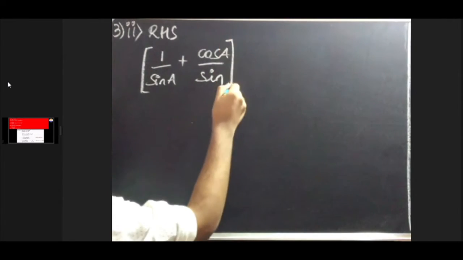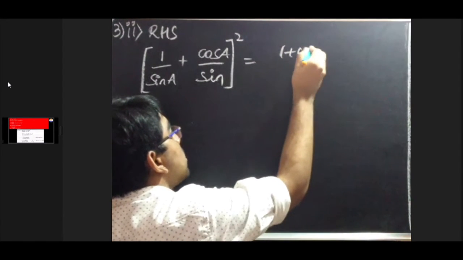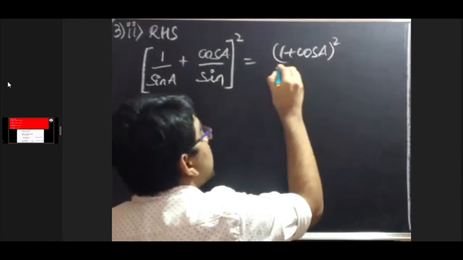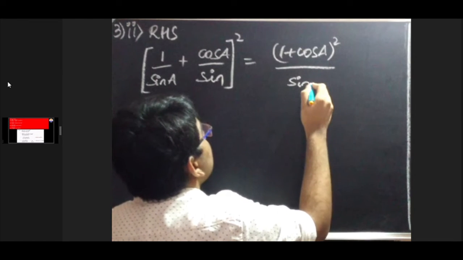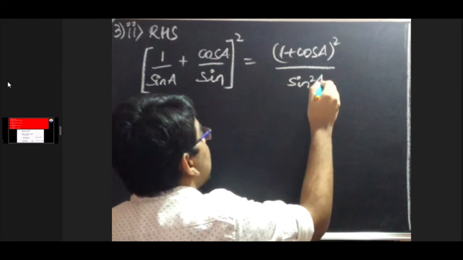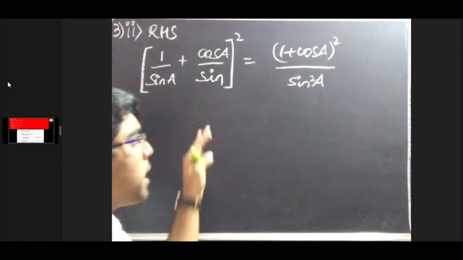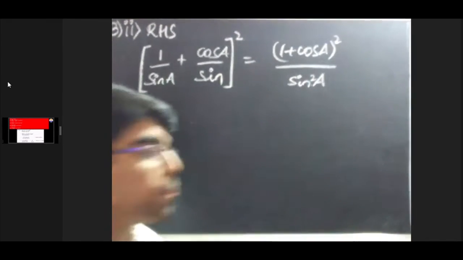The whole square, which is equal to 1 plus cos A the whole square divided by sin square A. I am taking the square over here only. Since there is a common LCM, sin A only it will become. Instead of putting the square completely, I am individually squaring them.